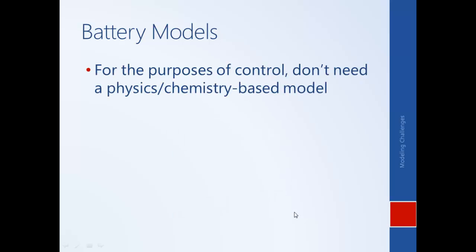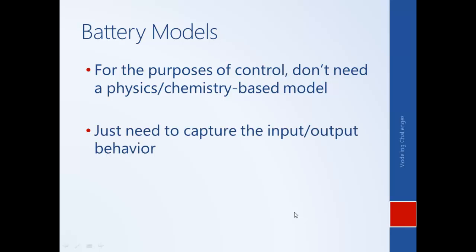And as engineers, for the purposes of control, we don't necessarily need a physics or chemistry-based model. We don't necessarily need to understand what's happening within the battery. We just want to capture the input-output behavior. We just want to know how the current being supplied by the battery will change under different conditions.